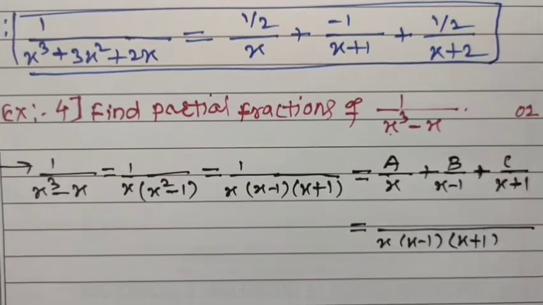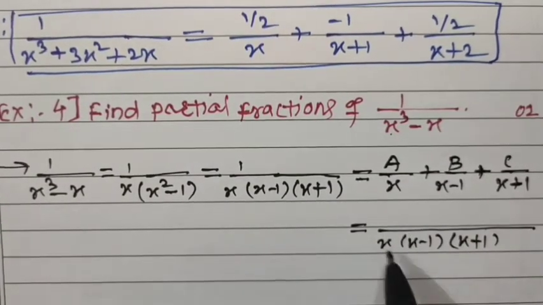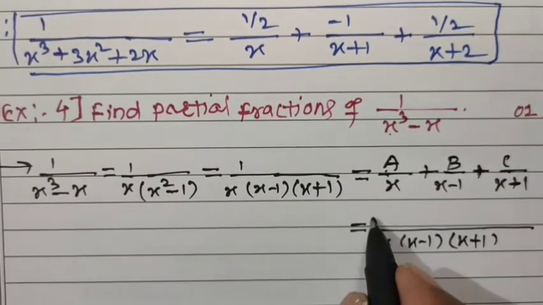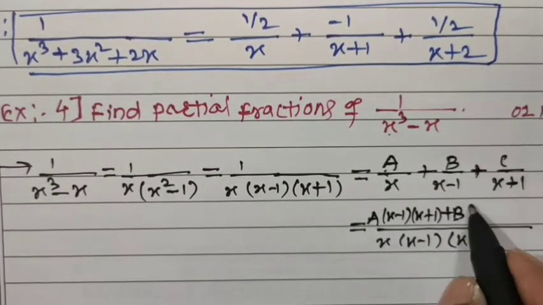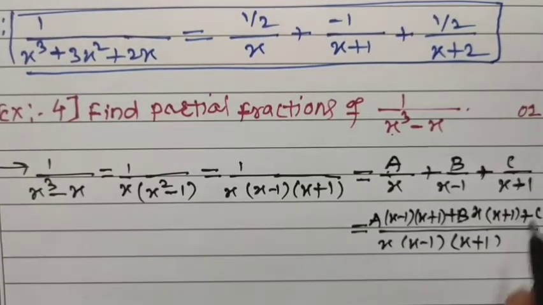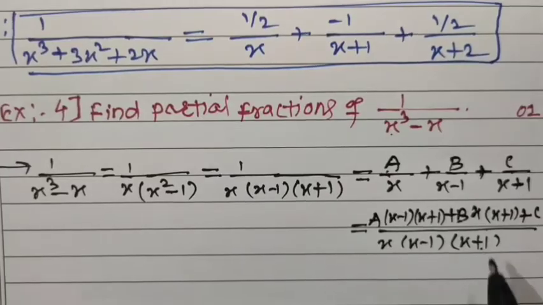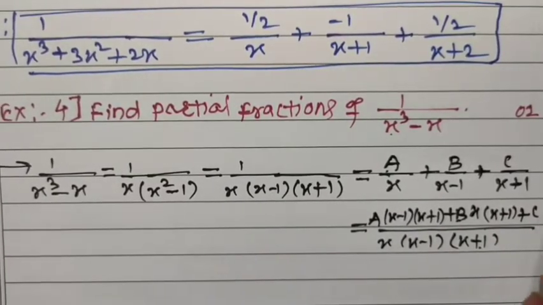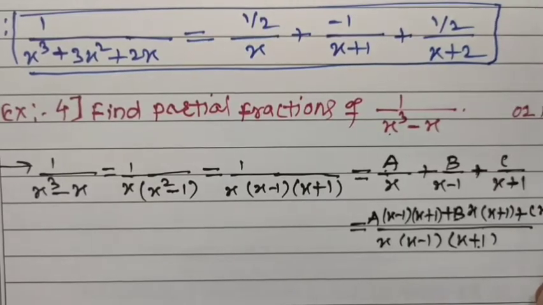Now x gets cancelled with this x. In the numerator, a into x minus 1 into x plus 1, plus b into x plus 1. The x plus 1 gets cancelled with this x plus 1, remains x into x minus 1, so plus c into x into x minus 1.